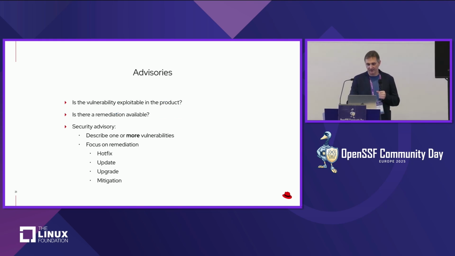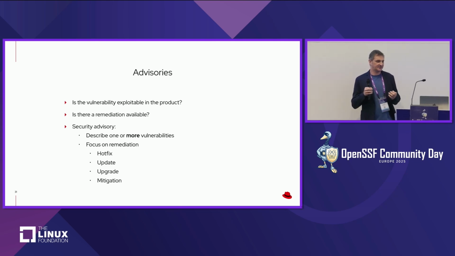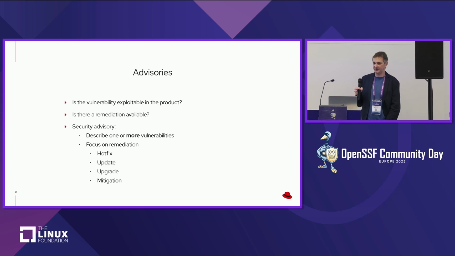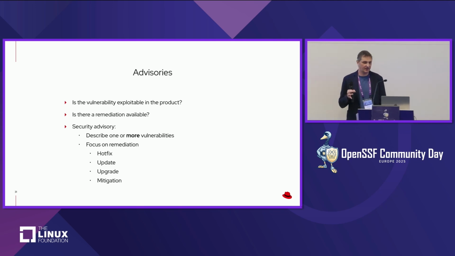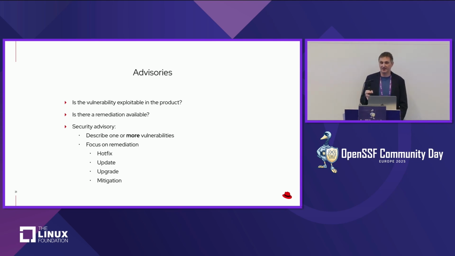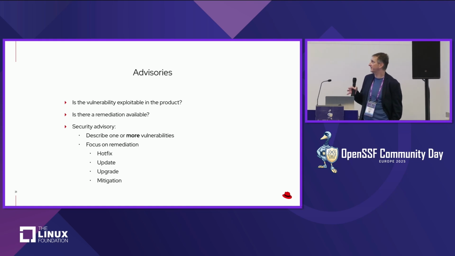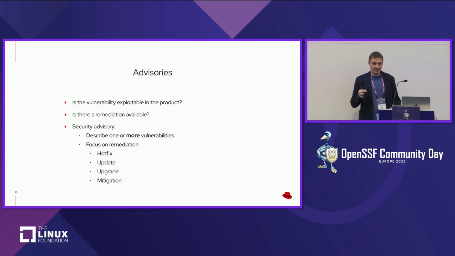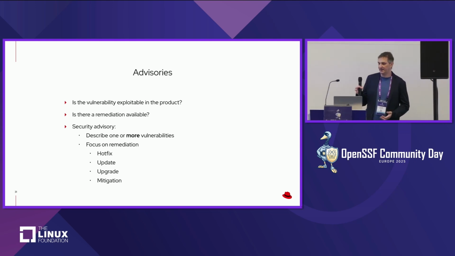So far we talked about vulnerabilities, and we said that a vulnerability just describes the basic vulnerability, without any other information about remediation of that vulnerability, right? So that's what's called security advisories, which are usually published by different software vendors, right? And typically one security advisory can describe more than one vulnerability in a certain product or a product release.